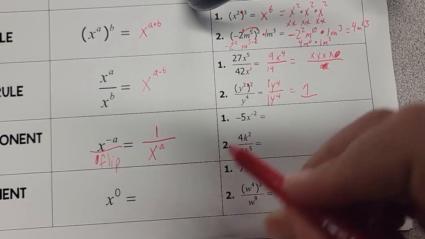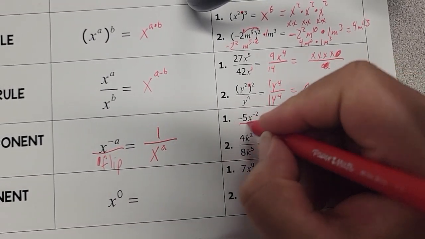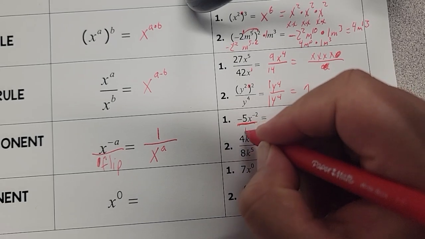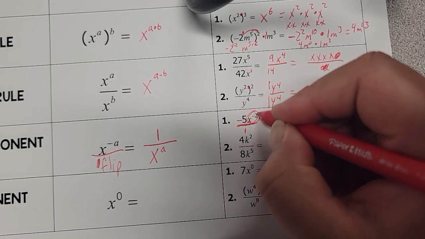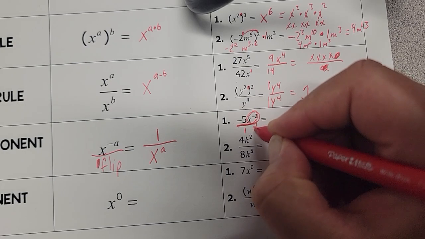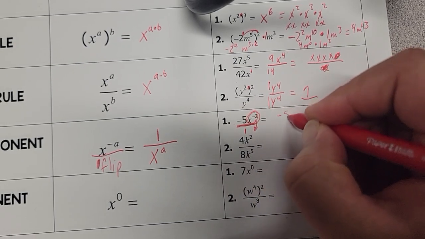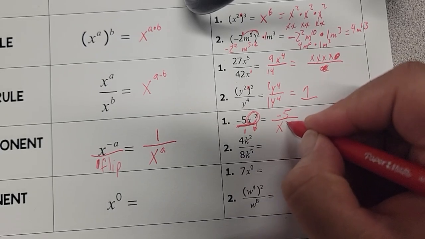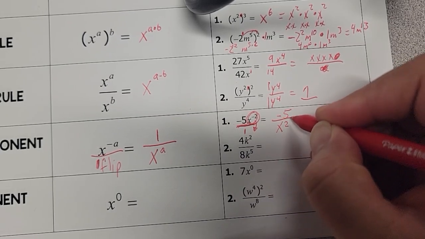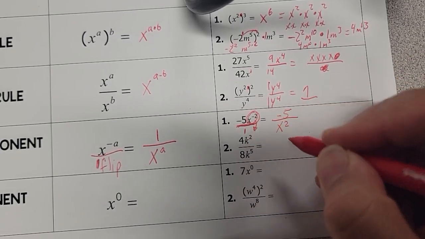What I mean by that is, let's put a fraction here with the 1 on the bottom. Remember, just make a fraction. So this part that has a negative exponent has to go to the bottom. On the top, I still have this negative 5 chilling, and then this x squared becomes positive. So you have to be able to just flip it around.